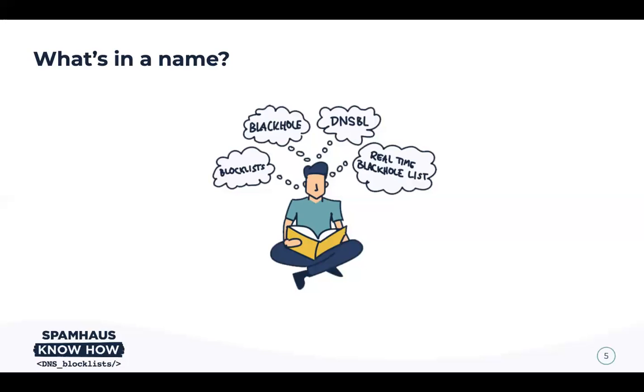But usually, especially in an email environment, the traditional way of accessing this data is through doing a DNS query against either our servers or a local copy of the same data. So yeah, in the end, all these terms apply. But to keep it consistent, we'll either talk about DNSBL or block list. But if you're more familiar with one of the other terms that I mentioned, then yeah, we're on the same page here.